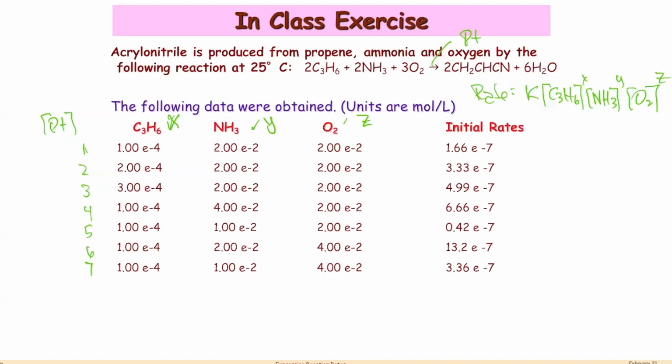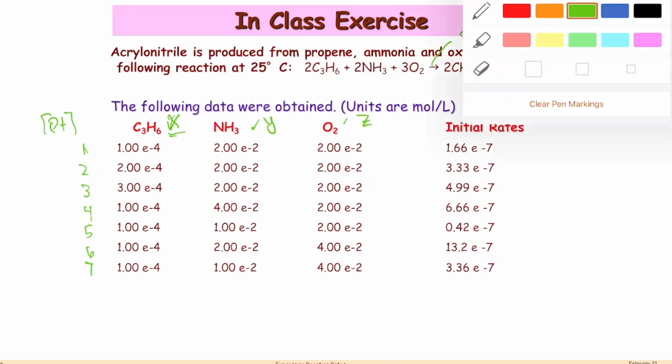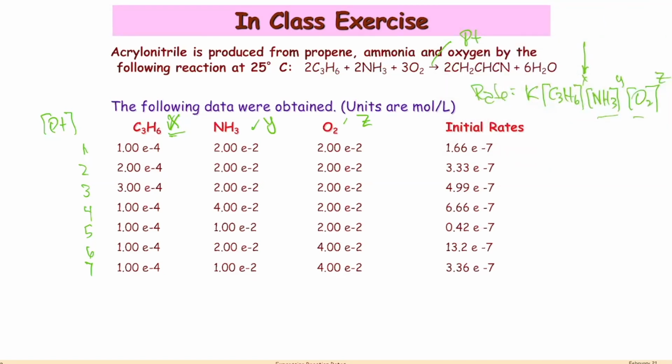Anyway, in order to determine the order of X, we've got to find experiments in which the ammonia and the oxygen concentrations don't change. So in order to find that, I'm going to change pens here, okay? The two experiments in which only propene changes and ammonia and oxygen don't change are 1 and 2.